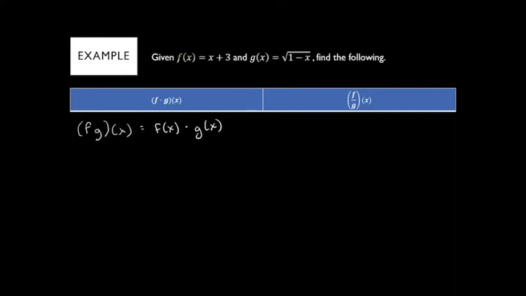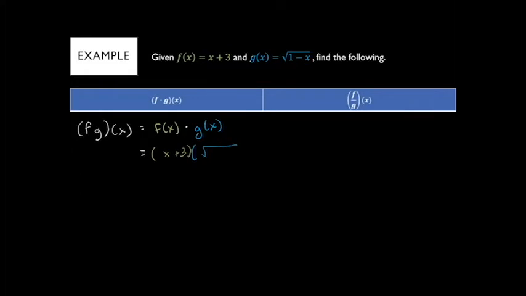So if I color code again and use the same colors, that can help you keep track of what you're replacing where. So I've got equals, then f of x. And when we're doing this with the multiplication, always put parentheses for both sides.